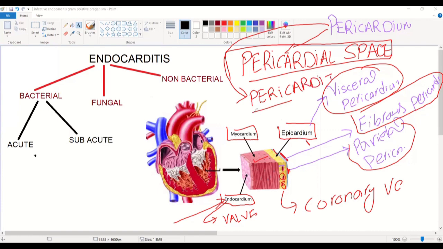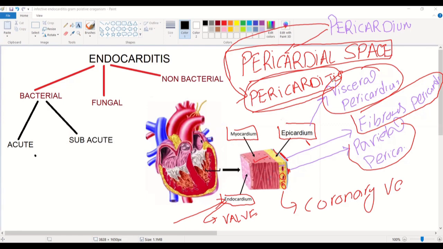Inflammation of the pericardium is known as pericarditis, right? Can anybody tell me what is the most common cause of pericarditis? Idiopathic.